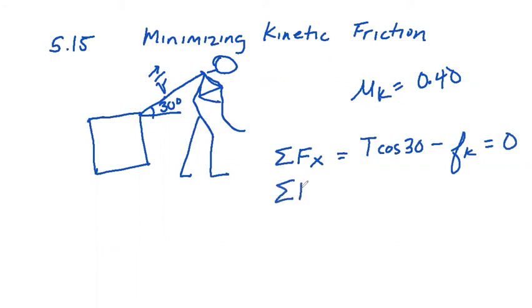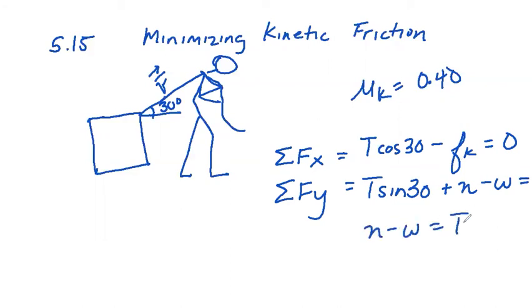The sum of the forces in the y equals T sin 30 plus the normal force minus the weight equals 0. So the normal minus the weight equals minus T sin 30. That upward pull is going to relieve some of the weight on the normal.